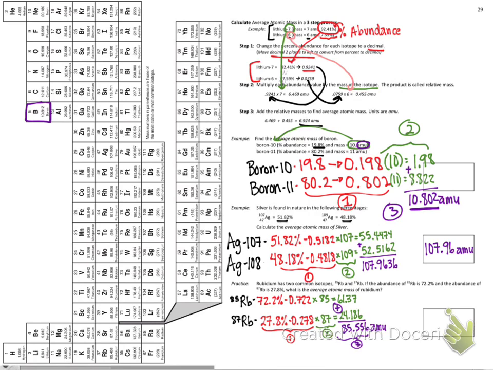It's right over here. And the average atomic mass is 85.468, and that's pretty close, so I'm going to go ahead and stick with that. So my final answer for the average atomic mass based on those two isotopes is 85.56 AMU.